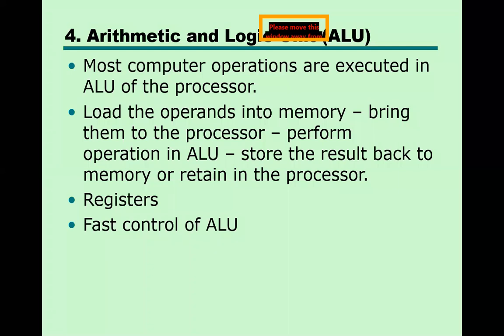In the registers, we store the value of A and the value of B, and the ALU takes the values of A and B from the registers for execution, and after execution, the result is again stored in the registers only. Why? It is so that the ALU works very fast, and for fast control of the ALU, registers are required to store these values.